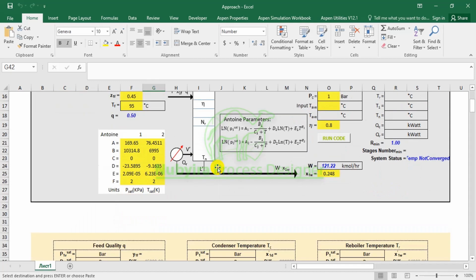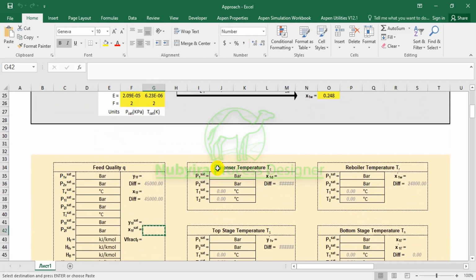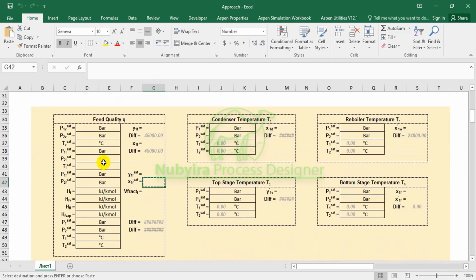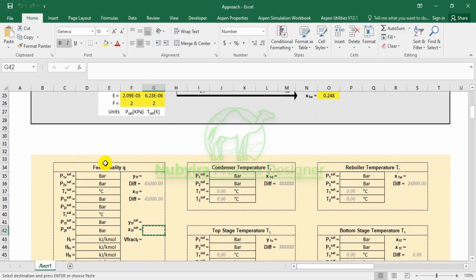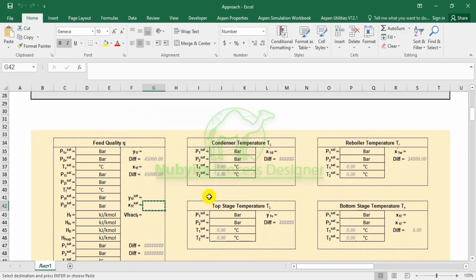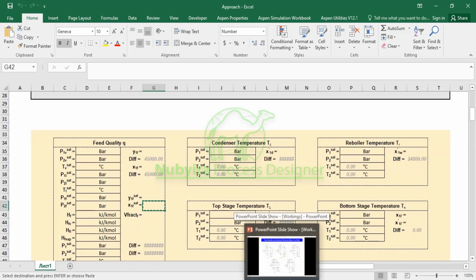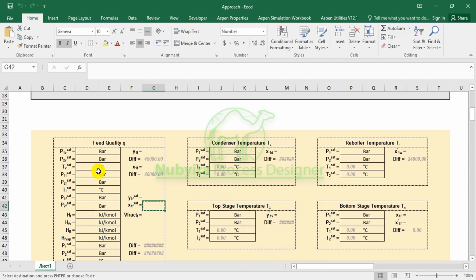You understand? And today we are going to be starting with the feed quality calculation. So I'm going to be discussing more on the feed quality today. To get the feed quality, we need to get the vapor fraction of the feed from the temperature of the feed.